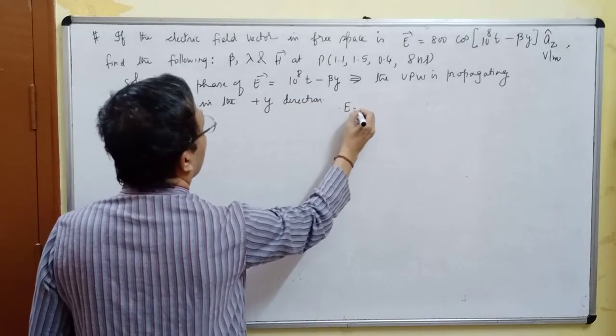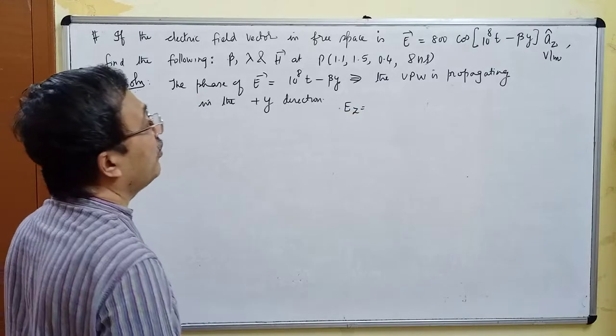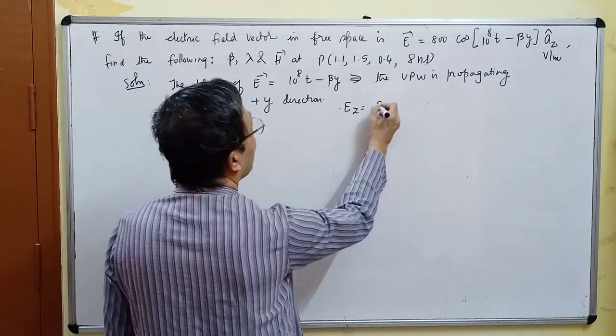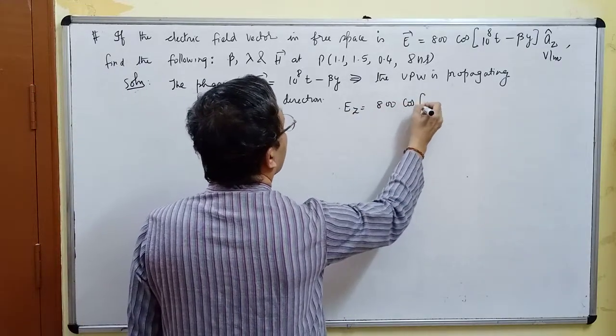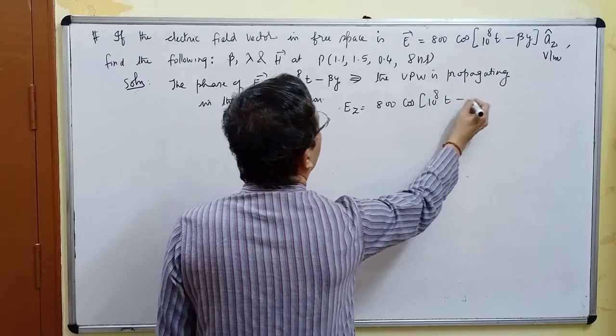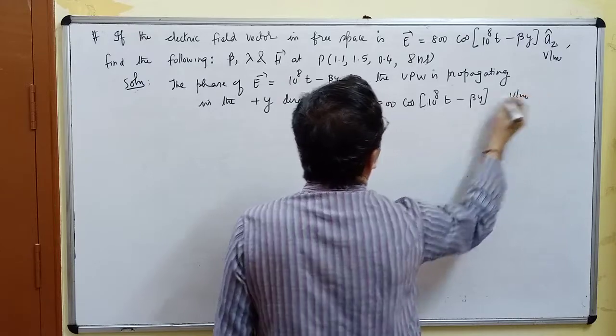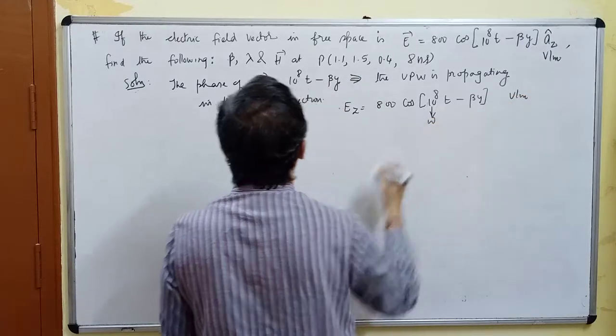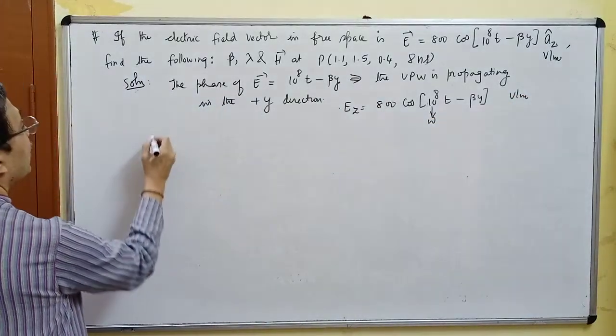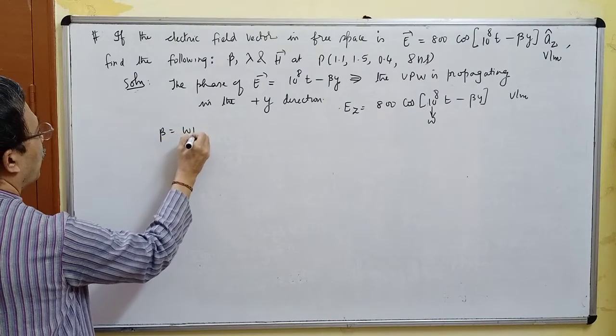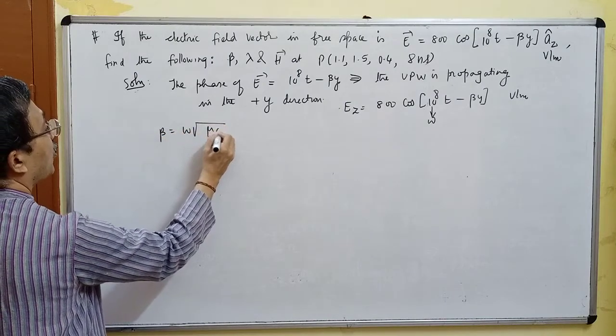What is Ez? The coefficient of az cap is Ez. Ez is equal to 800 cos of (10 to the power 8 into t minus beta into y) volts per meter. So this is nothing but omega. First we have to find beta. Beta is equal to omega into root of mu into epsilon.